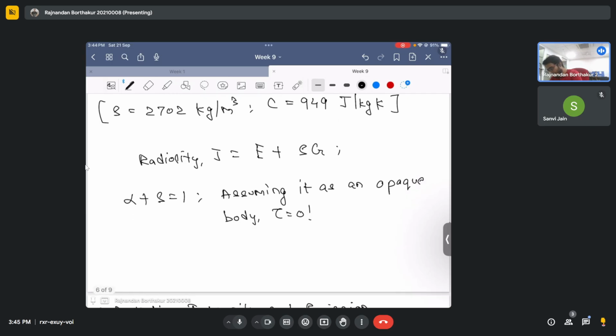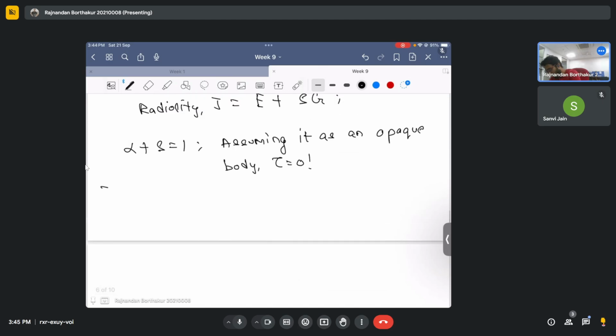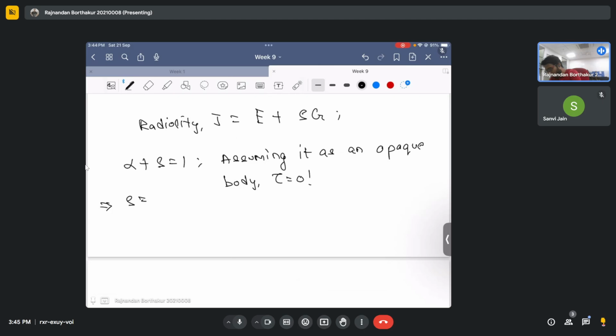So now you can just say that your reflectivity is equal to 1 minus alpha, and therefore your radiosity J is equal to E plus (1 minus alpha) times G. For E, you can simply use the Stefan-Boltzmann law, which means emissivity times sigma times T raised to the power 4.